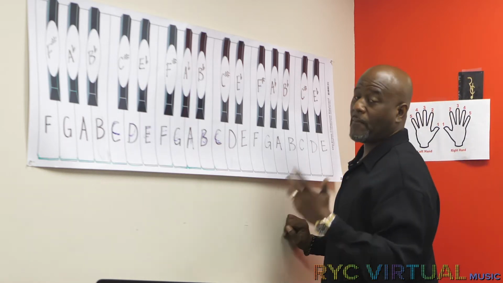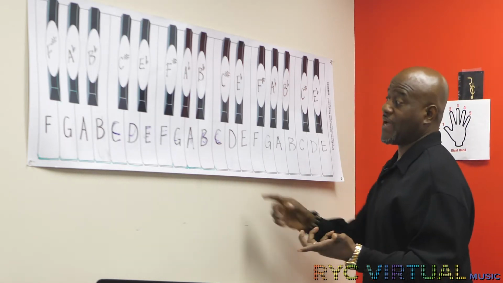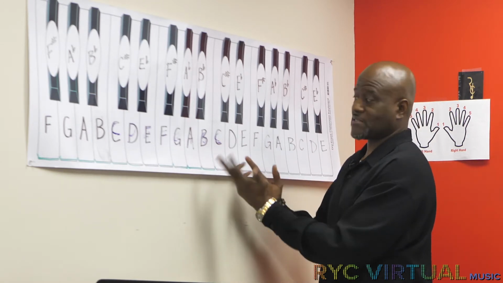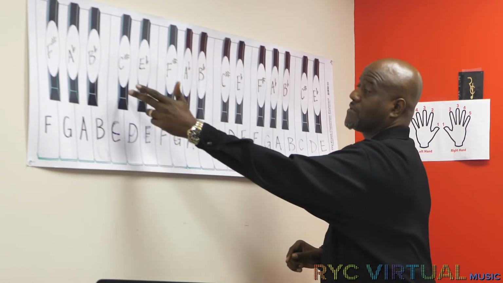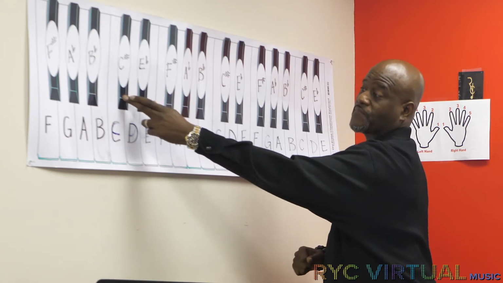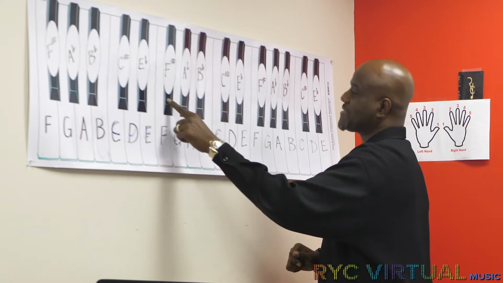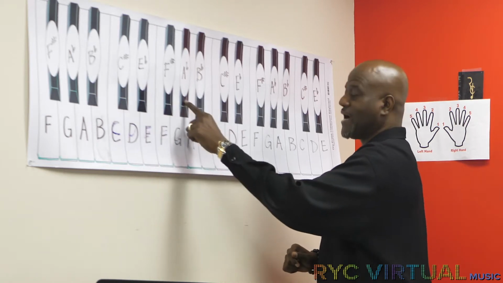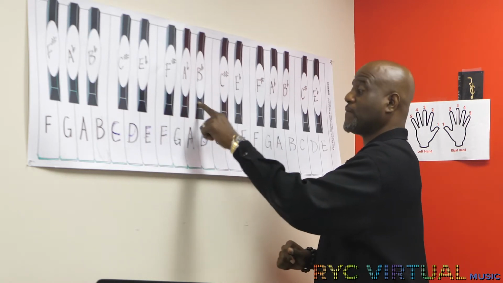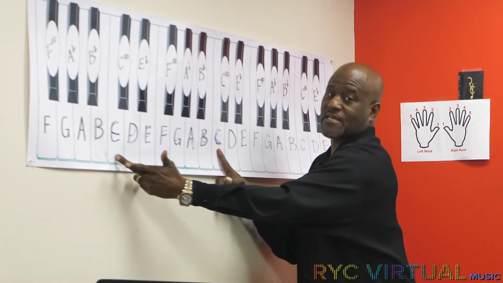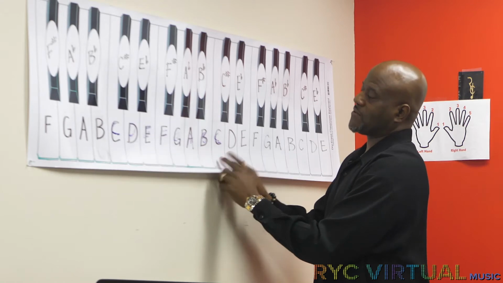Now, how many notes are there on the piano? Because once you get to C, it repeats itself. So let's count together. 1, 2, that's a note as well. 3, 4, 5, 6, 7, 8, 9, 10, 11, 12, 13 is the same thing as C. So we don't really have 13 notes because we start all over.